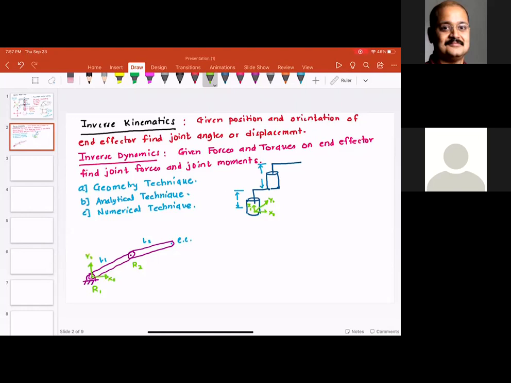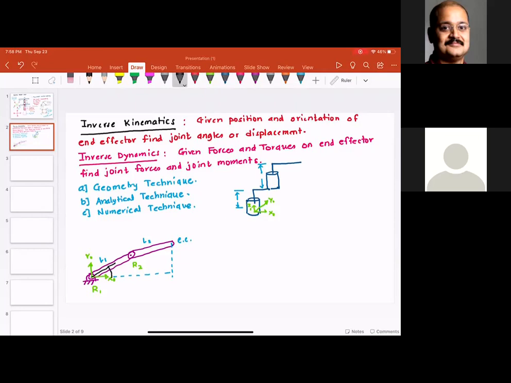Now this problem can be set up in two ways, and I will tell you both. I can find out the end effector position in the coordinate system X naught and Y naught. I want to define, and this is very important, I want you to understand the difference here.